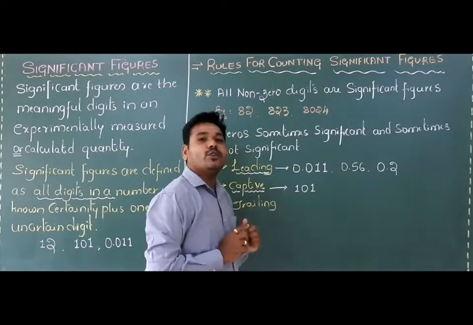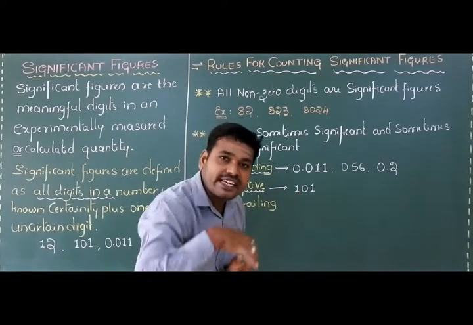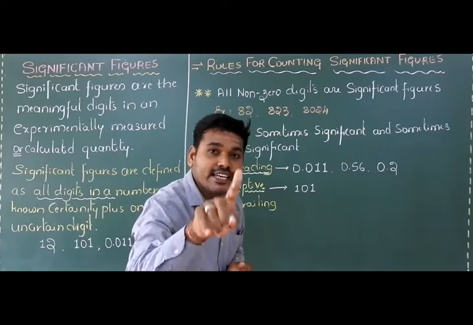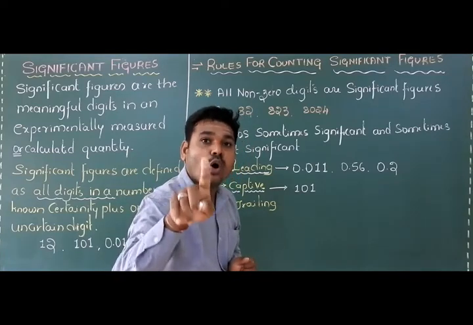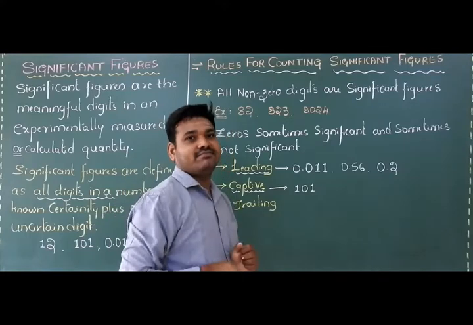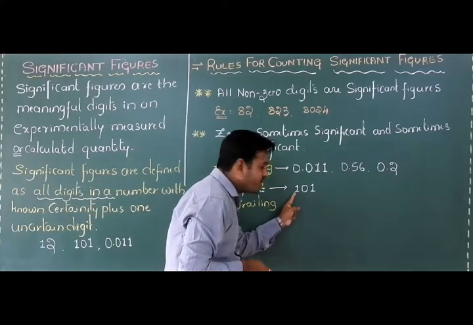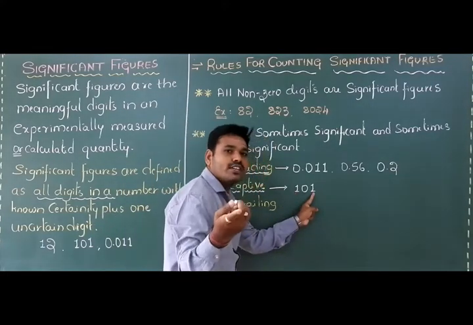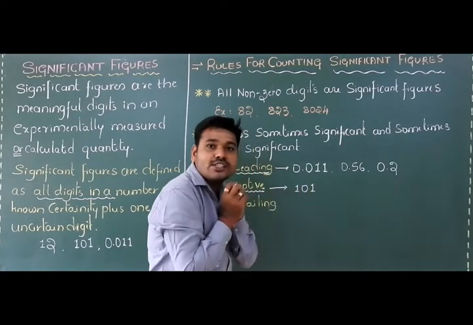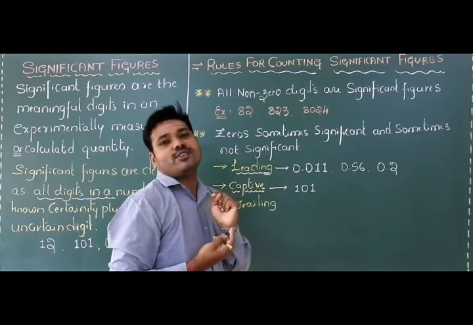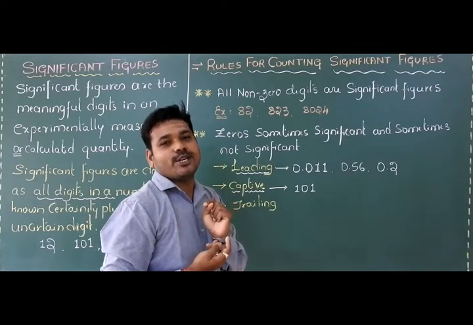Captive zero is present. What is meant by captive zero? The zeros which are present between the two non-zero digits. One is a non-zero digit and this one is also a non-zero digit. The zero which is present between the two non-zero digits. Such types of zeros are called captive zeros.